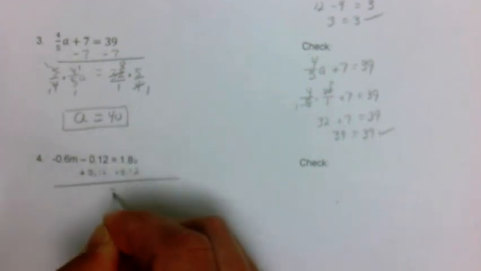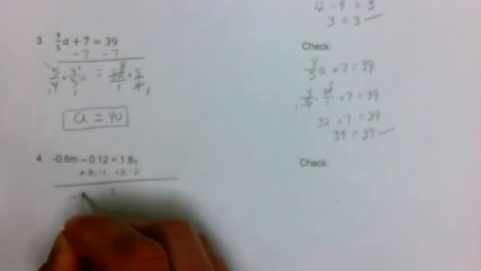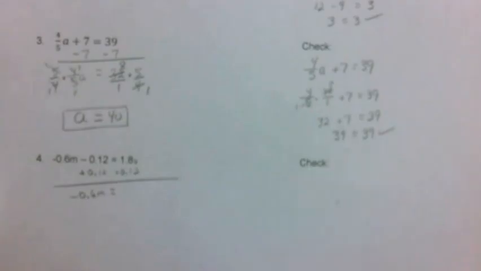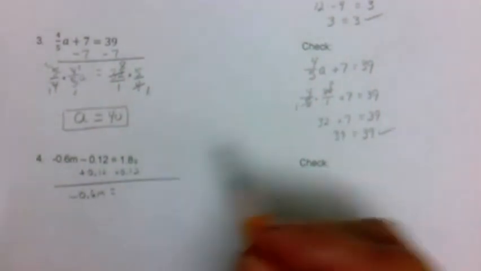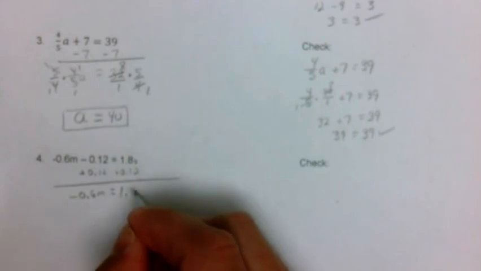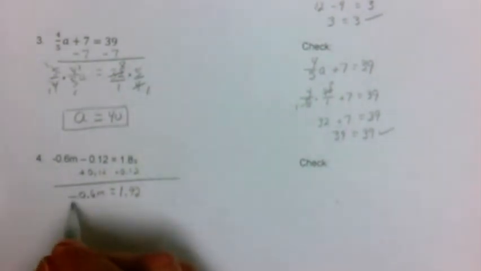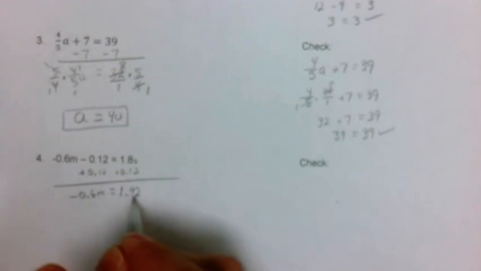Bring your equal sign down. Negative 12 hundredths plus 12 hundredths is 0, so that leaves us with negative 6/10 m. And on the right, if we add 1 and 8/10 with 12 hundredths, we're going to get 1 and 92 hundredths. All right, now the question is, well, what's the value of 1m going to be? Well, negative 6/10 m is 1 and 92 hundredths.